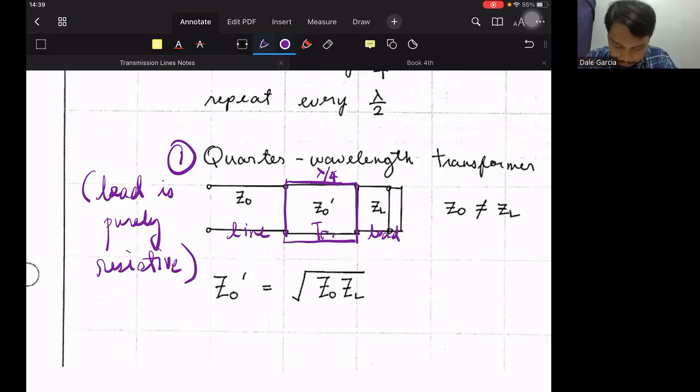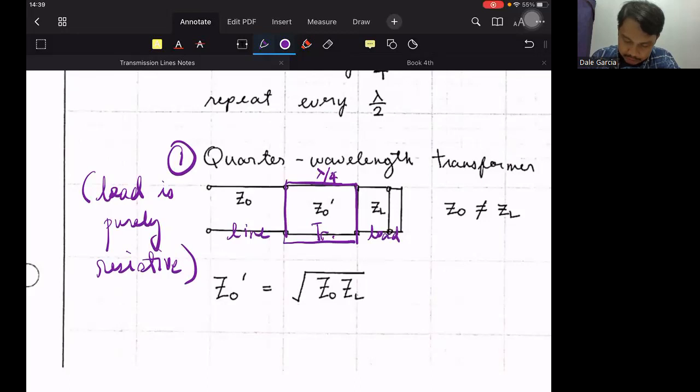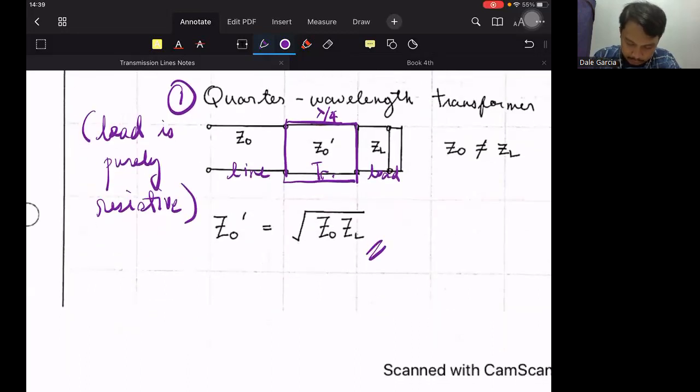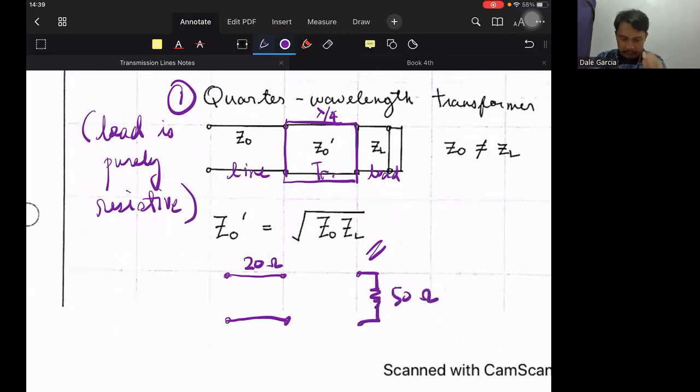But how much is the value? How much is the characteristic impedance of our quarter wavelength transformer? We can use this formula. For example, our line is 20 ohms and our load is 50 ohms. What should the impedance of the quarter wavelength transformer be?